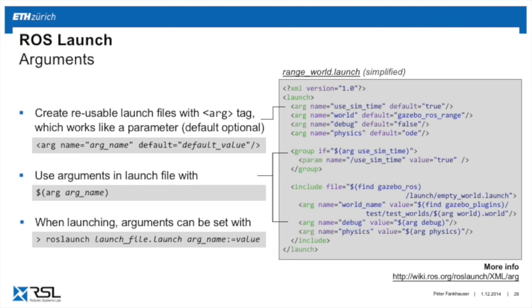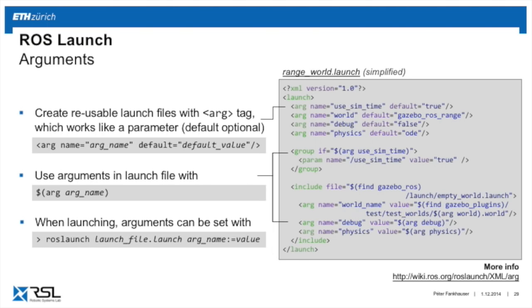Now here's another launch file on the right-hand side. One of the nice things is that once you build up a nice launch file, you can reuse it with different parameters. This is where the arg tag comes into play. In this example, it starts the simulation and has four arguments saying use simulation time, which world to use, whether to use debug mode or not, and which physics engine to use.